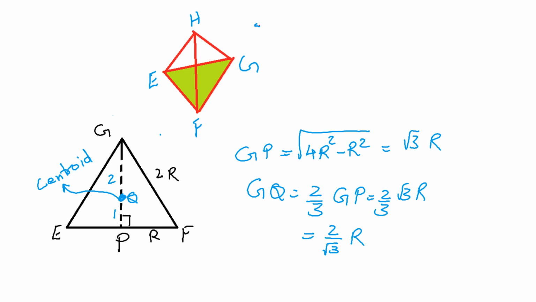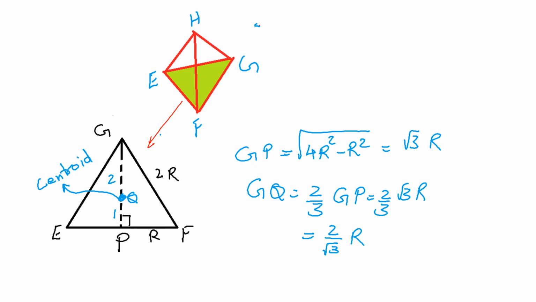Now we have to find the size of the largest sphere that we can keep in this void space. First of all, for finding the size, we need to position the center. So first I'm considering the triangular base EFG, and drawing a perpendicular from G to the side EF, which is the height of the base triangle. And Q, the point Q, is the centroid that divides the height in the ratio 2:1.